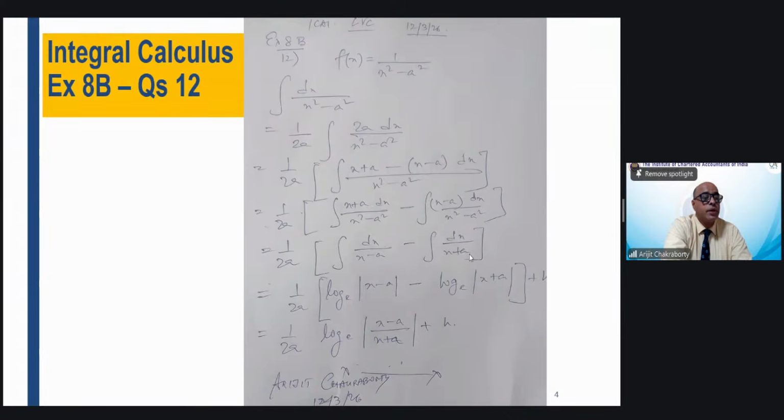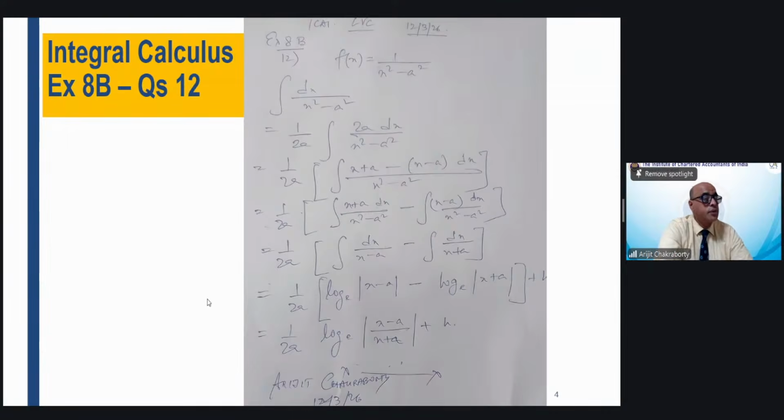Now you know log a minus log b is equal to log a by b. So मैंने last में क्या किया, if you see the last line, I have written log e, of course e is the base, (x minus a) by (x plus a) plus k. So ये हो गया complete solution.